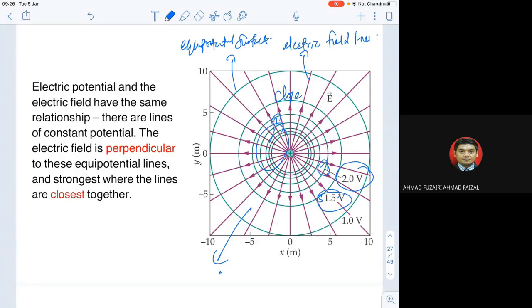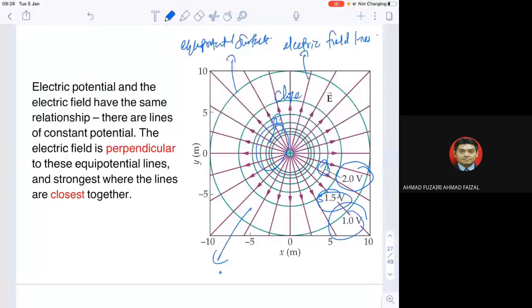When it moves away from the charge, the potential difference will decrease. And at the far side, you can see only 1 volt. You can predict that after a while there will be no potential difference when it is quite far from the positive charge.